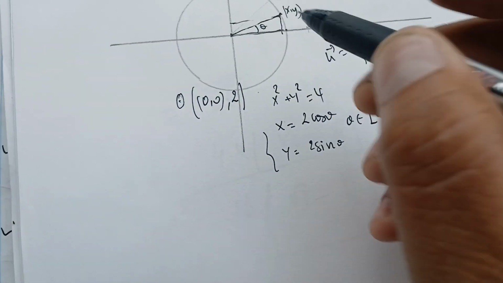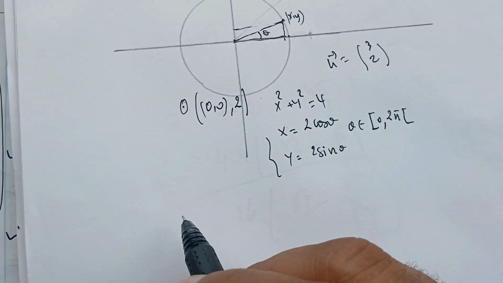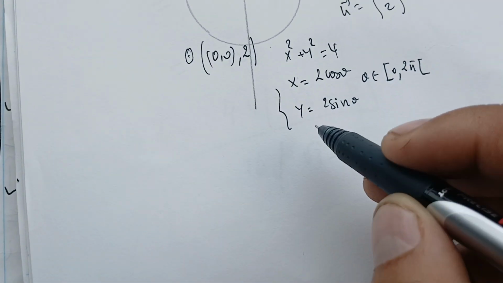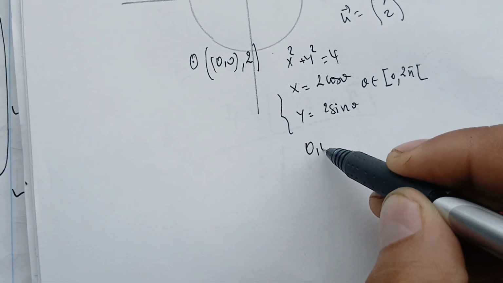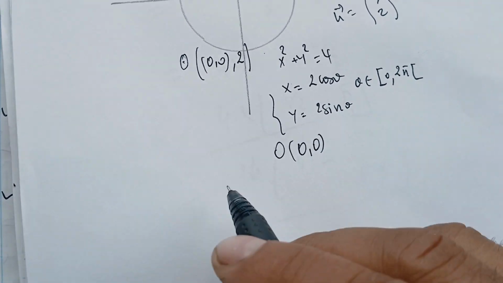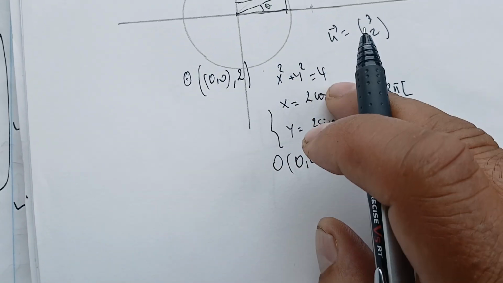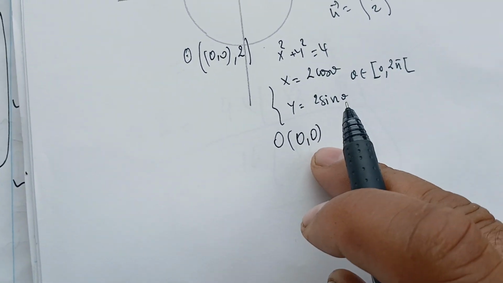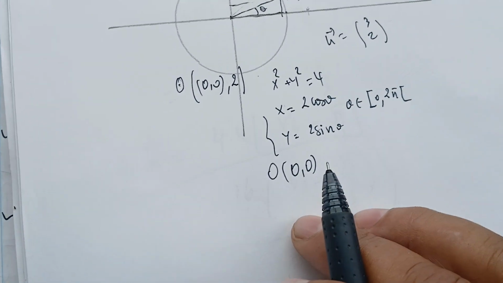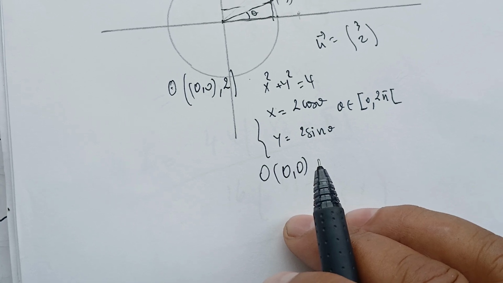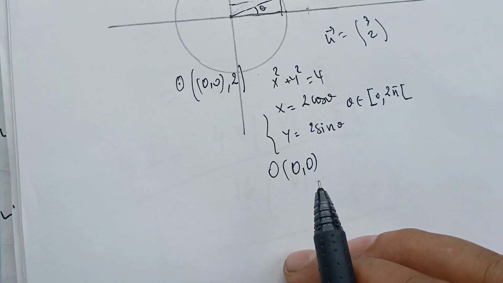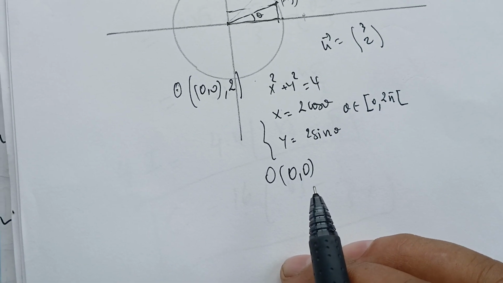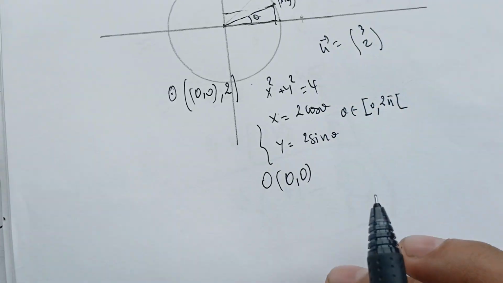Okay, so first, what's the image of the center? The center is given by (0, 0) by this translation. So first let's write an analytic expression for this translation.